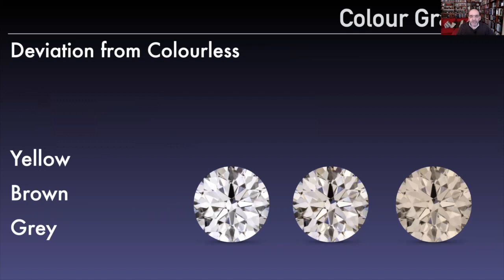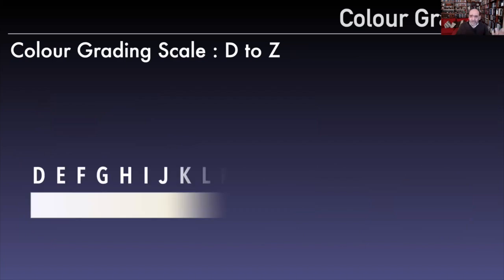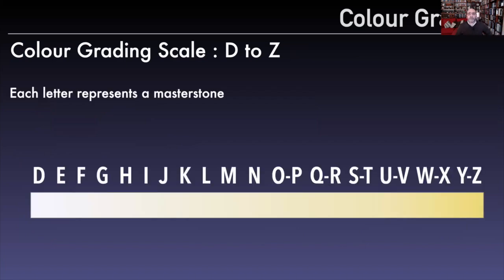For color, it just measures the deviation from colorless that a certain sample has when it is yellow, gray, or brown. When the deviation is on three colors, you grade them on a D to Z scale. Everybody knows this. Those of you that work in the industry, you know this thing.